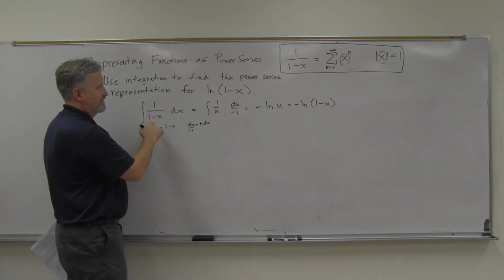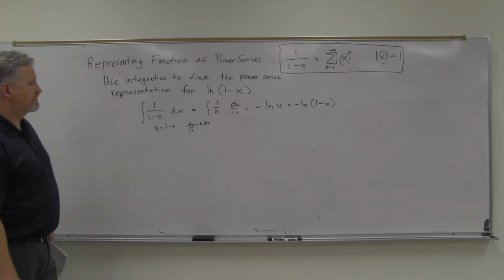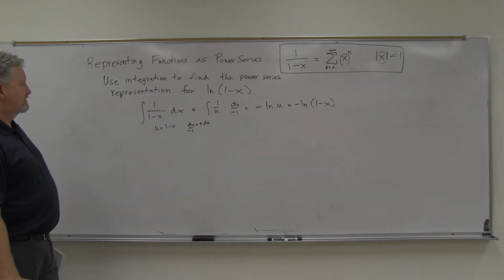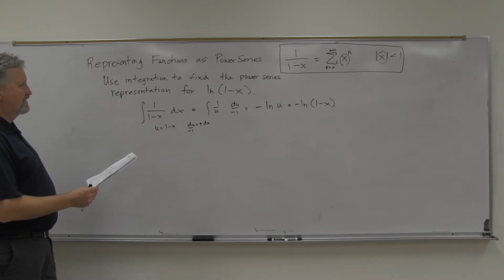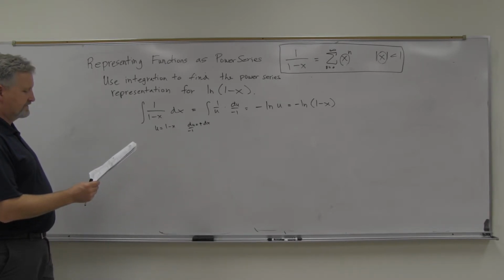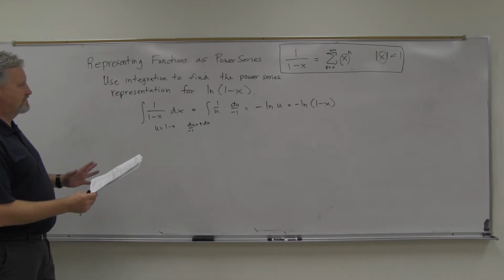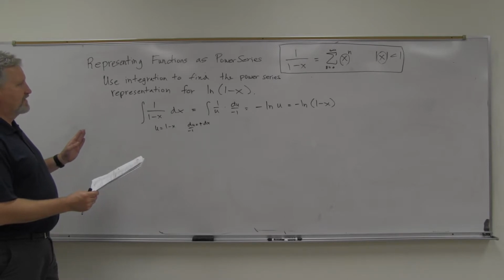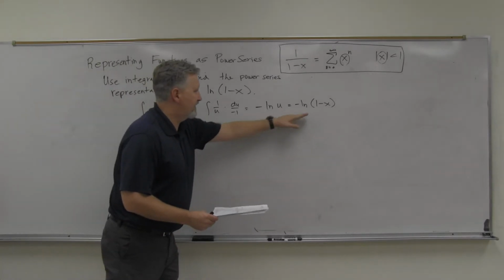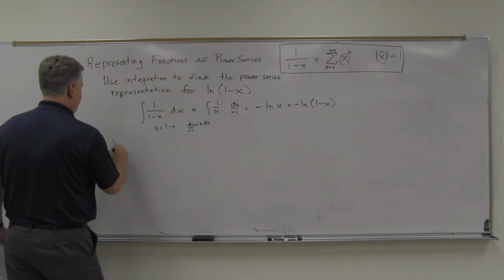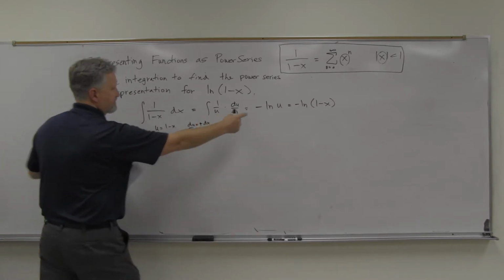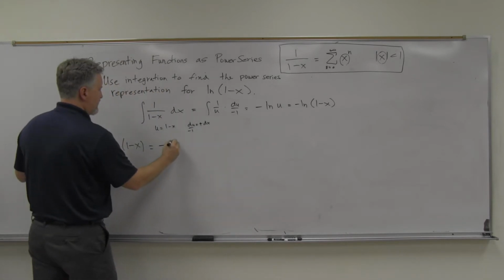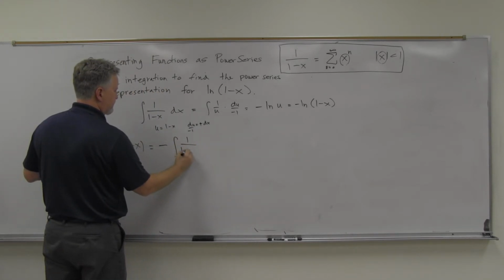So let's do it this way. Let's say we've got ln of 1 minus x. That equals the negative, because let's just divide both sides by negative, negative the integral of 1 over 1 minus x together.